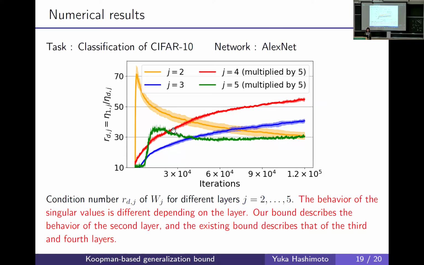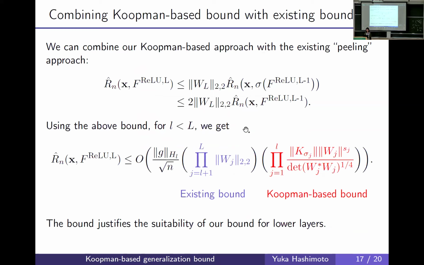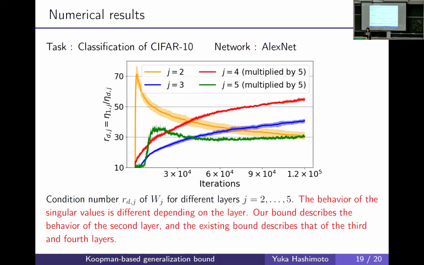So we can see from this result that the behavior of the layers differs between the lower layers and the higher layers, and our bound is suitable for lower layers. This is a theoretical part, but we also confirmed it empirically like this.